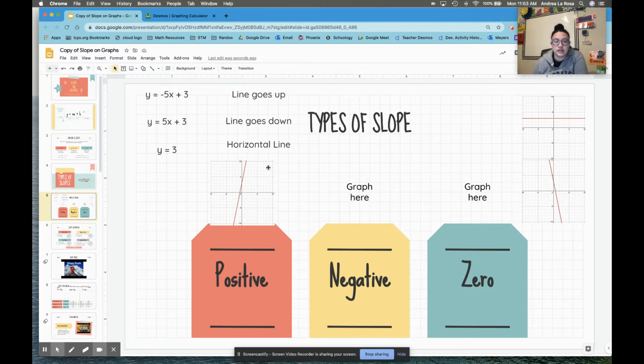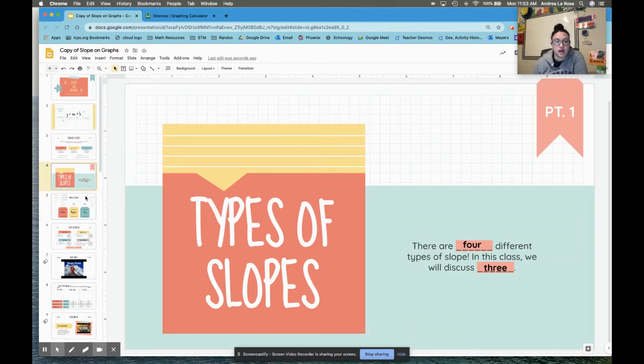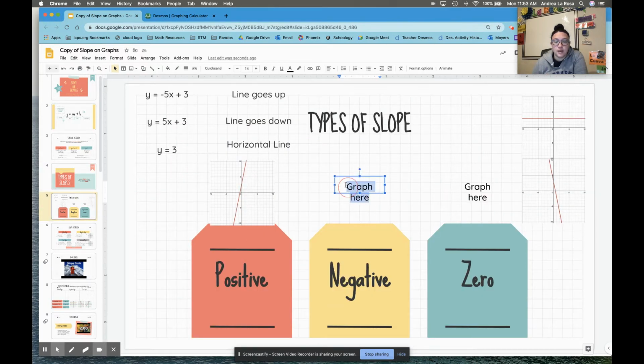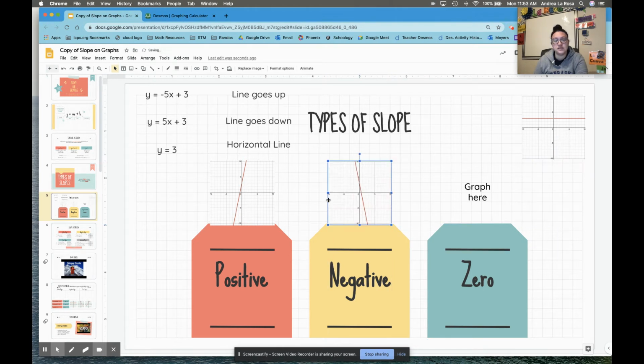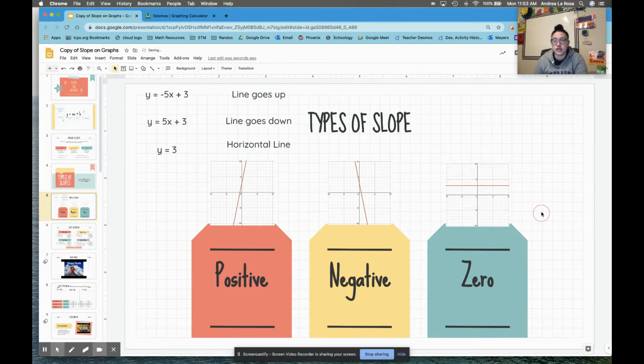Left to right, my line's going up, so I know that that's positive. My negative slope, what does my graph look like? It goes down. My negative slope goes down as I go from left to right. And then if I have a slope of 0, remember that's just a horizontal line. Boom, straight across.